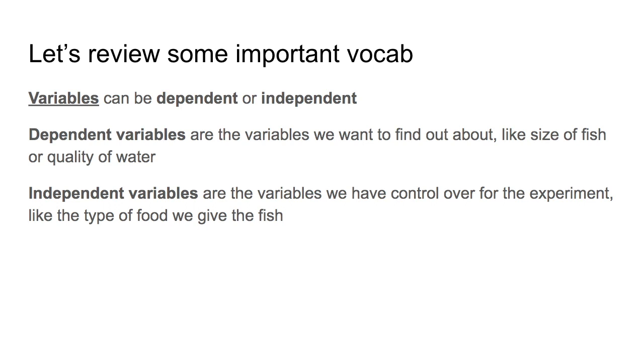A dependent variable is one that you measure. Independent variables are the variables that you have control over, like the type of food you give the fish. An independent variable is one that you would know as the experiment is starting. The dependent variable is the one that you want to find out about after the experiment ends.